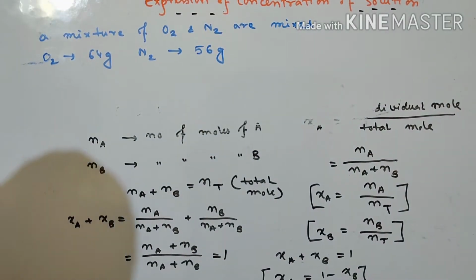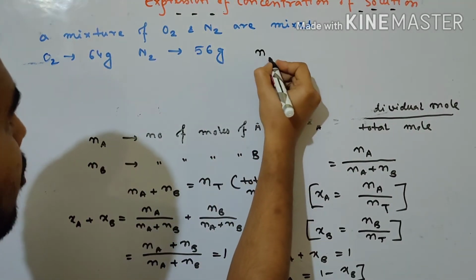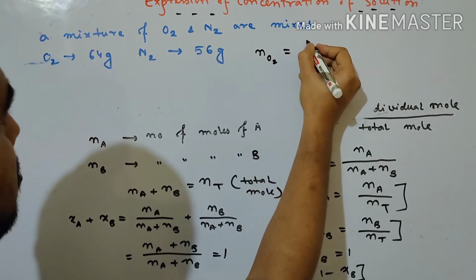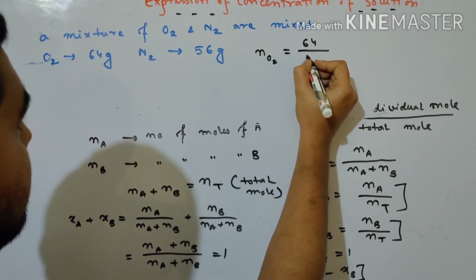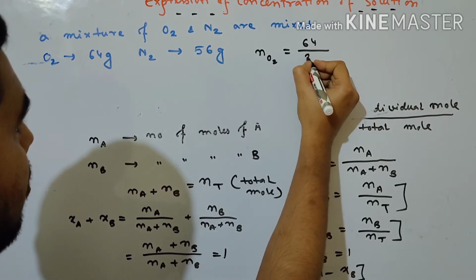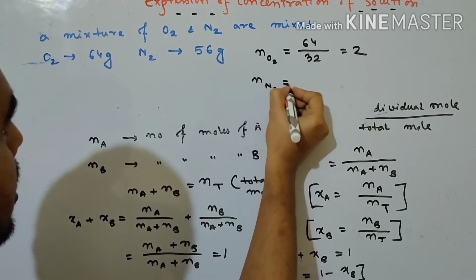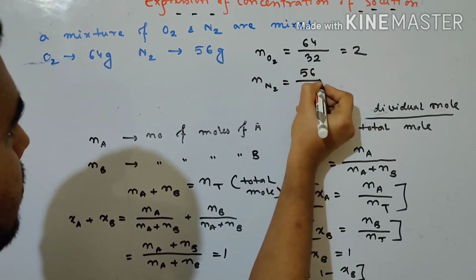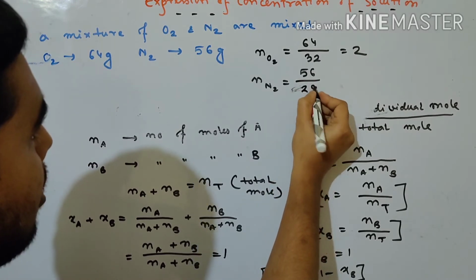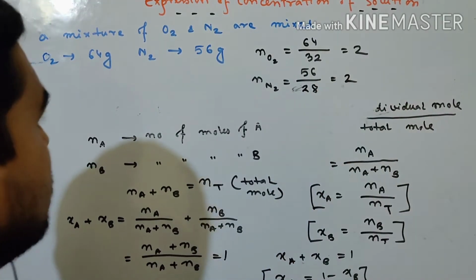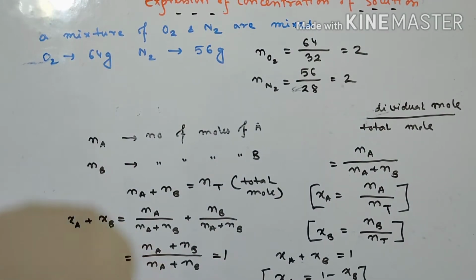Now, if we need to find out the number of moles of oxygen, it should be given mass by molecular mass. For oxygen it is 64 divided by 32, so it is 2, and for nitrogen also it is the given mass 56 divided by, for nitrogen the molecular mass is 28, so it should be 2. So we have got the number of moles of oxygen and nitrogen both.